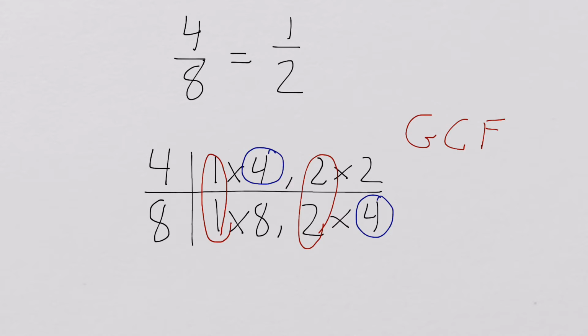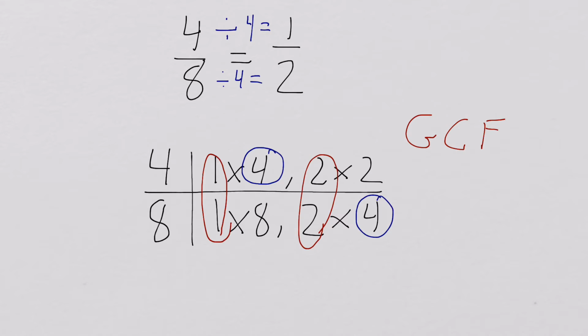Since they both share the common factor of 4, and that's the largest one, we then divide the numerator and the denominator by that greatest common factor. So 4 divided by 4 is 1, 8 divided by 4 is 2. And that gives us our simplified form.